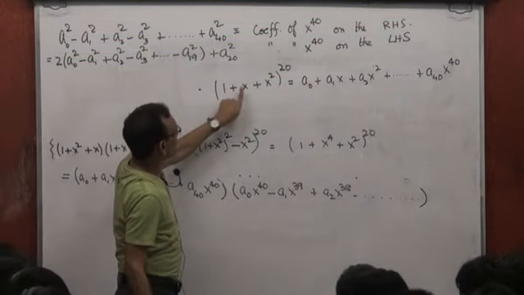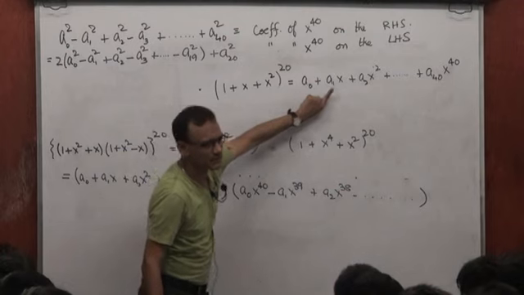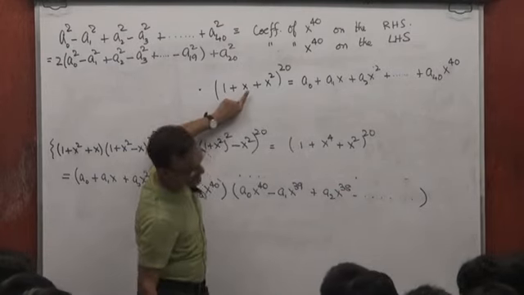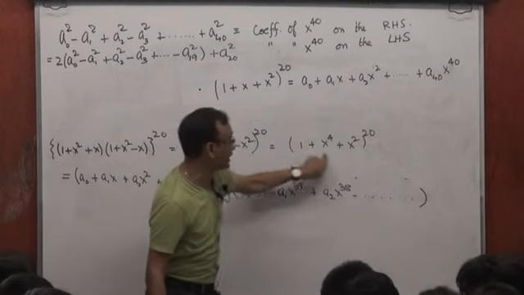Now, look at this. 1 plus x plus x squared is this. In this, replace x by x squared, so that you get this expression.